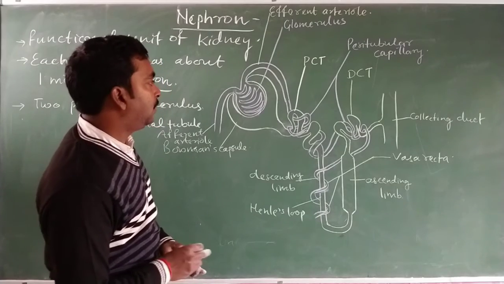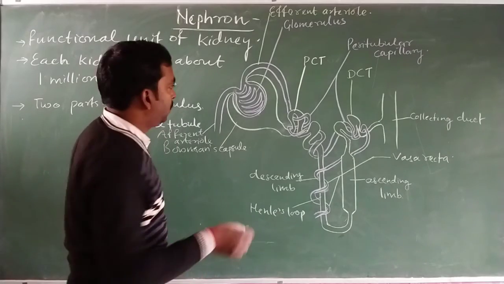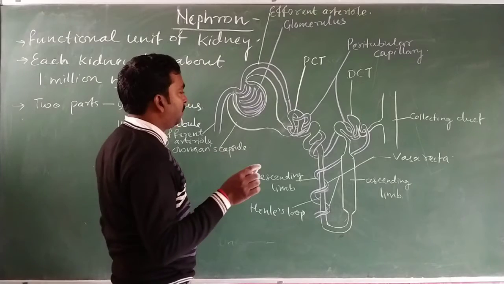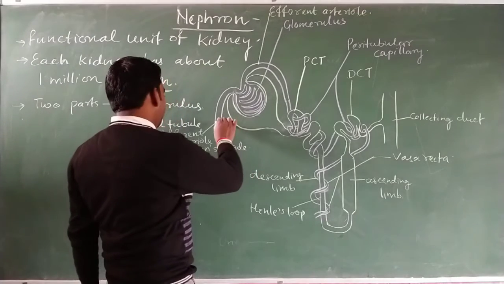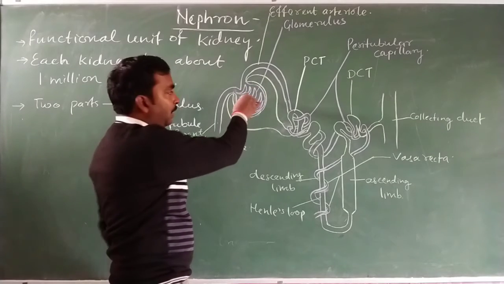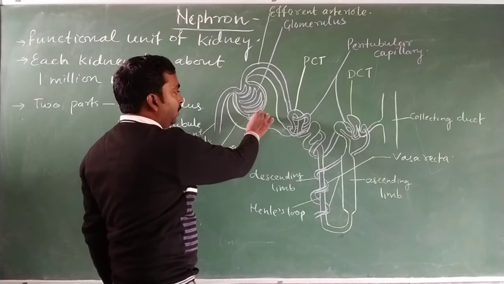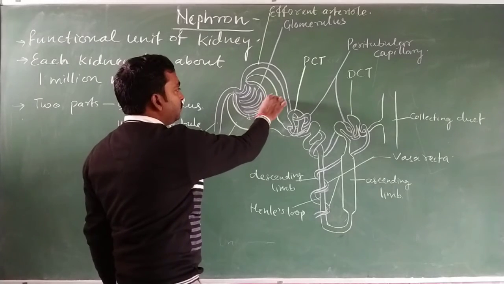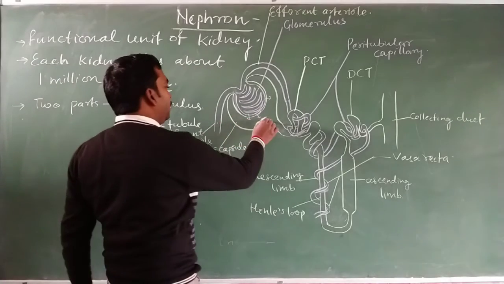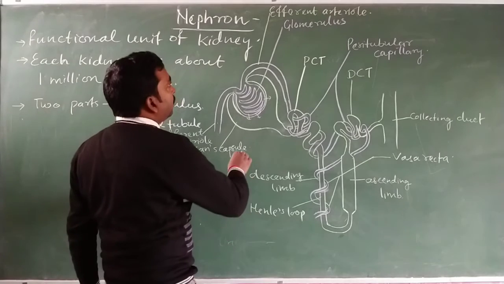So these structures together form the structure of nephron. In the nephron, the afferent arteriole supplies blood to the glomerulus, and from the glomerulus the waste material is filtered into the Bowman's capsule, and this filtrate in the Bowman's capsule is known as the glomerular filtrate.